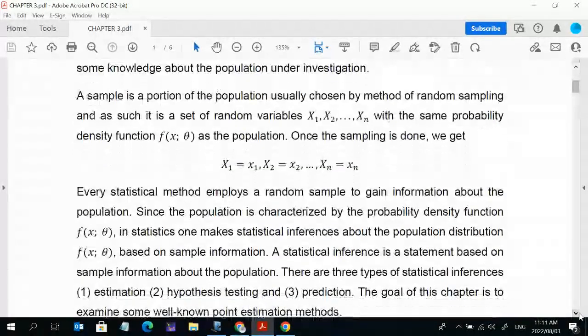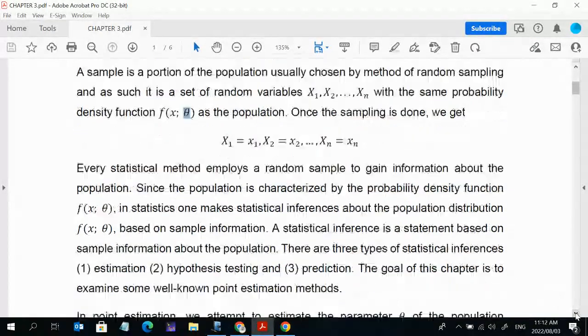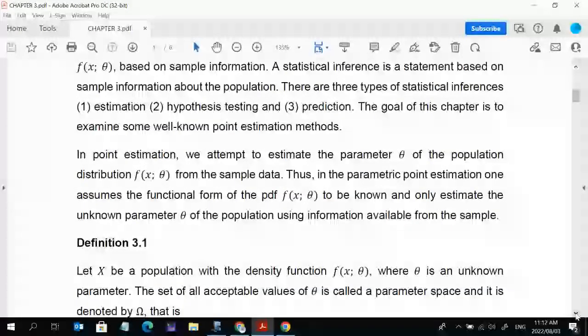We spoke about the methods that we can use to find the function, or a statistic, that we can use to estimate theta. We must have a statistic so that when we have the sample data, we are able to estimate the parameter, which is theta.